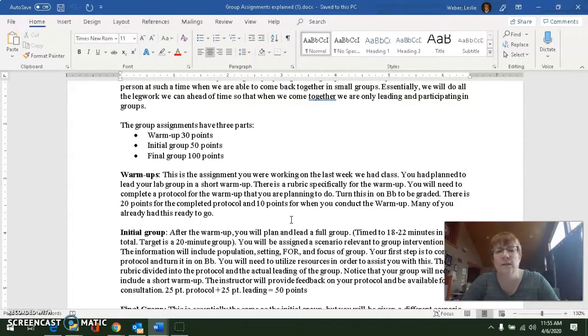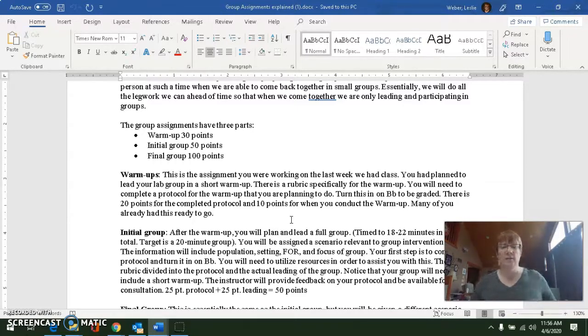That will give you your best results, giving you a place that's reliable to start. You've also got a lot of resources in all your textbooks, if you can find something in there about what to do with your client population and your focus of intervention. So make sure you're using reliable resources to base your treatment on.